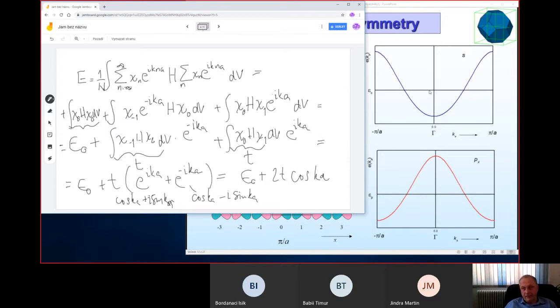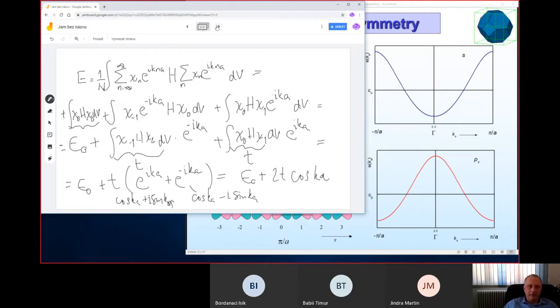So in this case, we have the lowest energy for the gamma point, k equals 0, and the highest energy for the X point, which corresponds to pi over a.